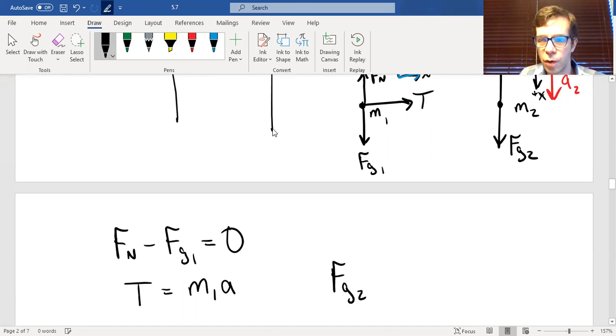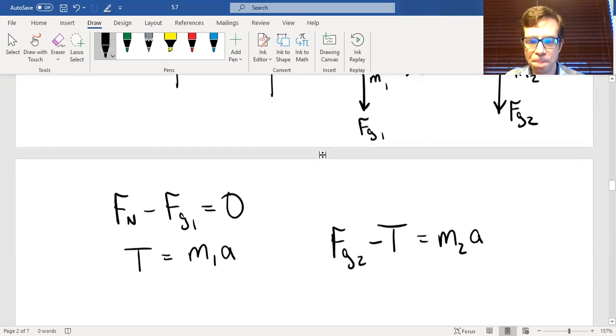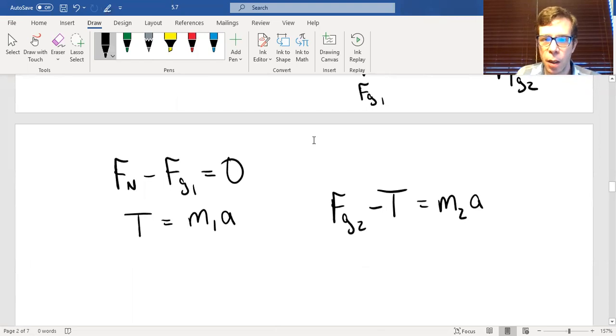So I have Fg2 minus the tension is equal to m2A because that's the object we're talking about. All right, so we have these three equations. This one's not really useful for this setup because there's no friction. And we can solve for the acceleration using these equations if we were to know the masses.